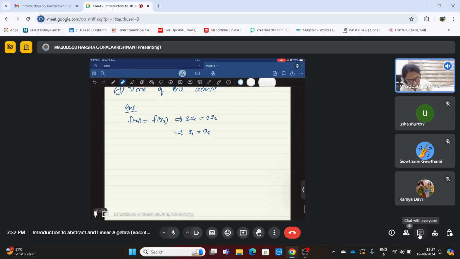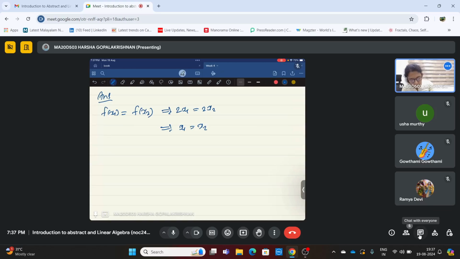For example, 2Z means the set of all 2x such that x belongs to Z. That means the set of all even integers. Now I am taking an element 2x from 2Z. Obviously, x is from Z, right?